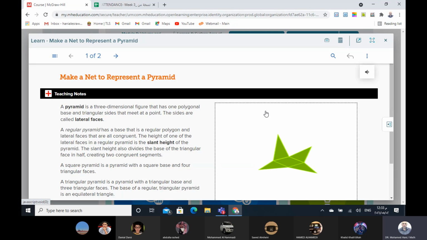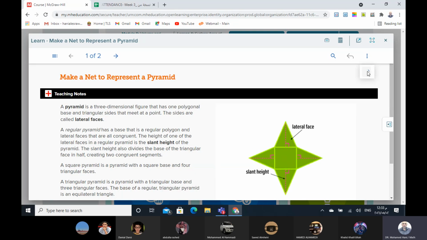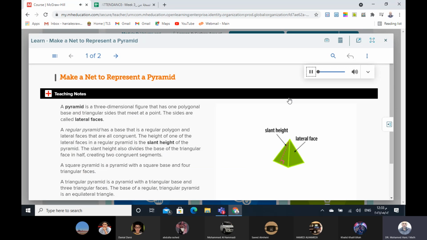To know the meaning of the pyramid, listen very well, please. Make a net to represent a pyramid.